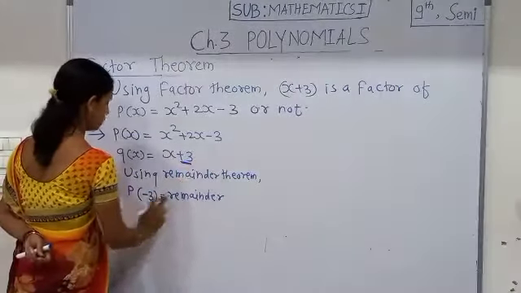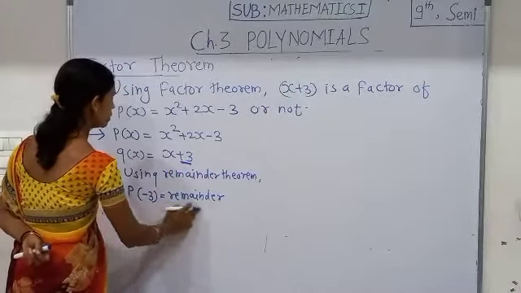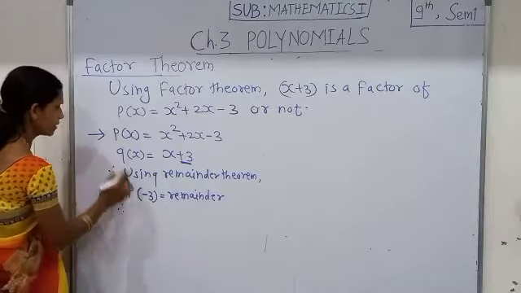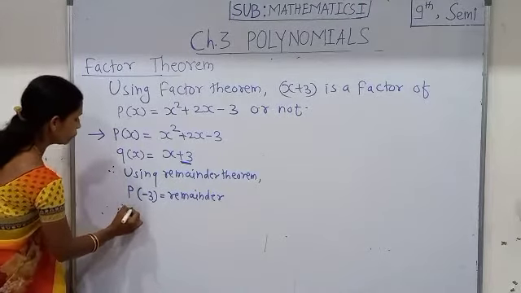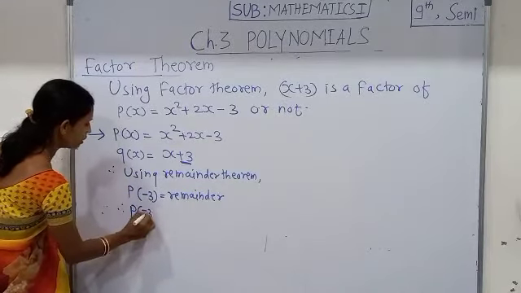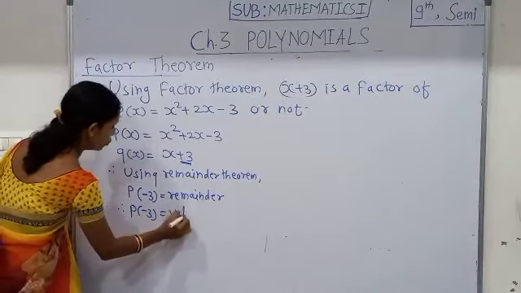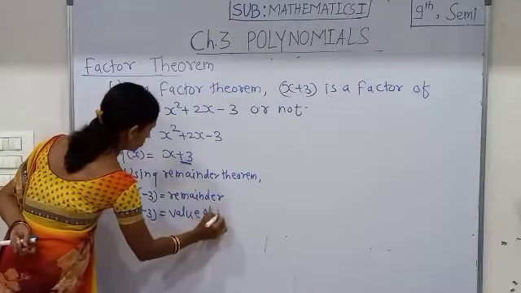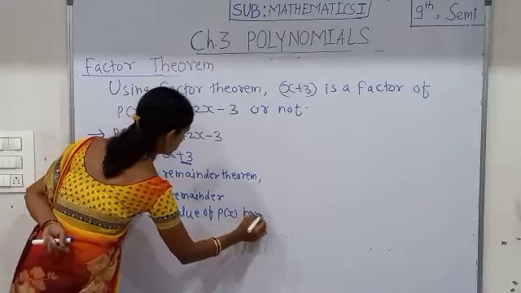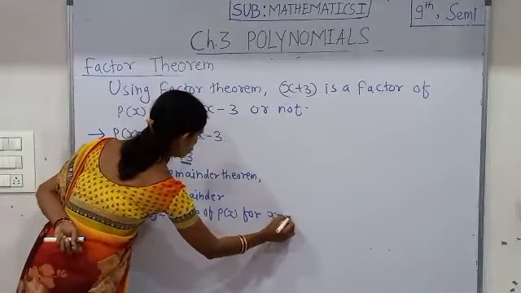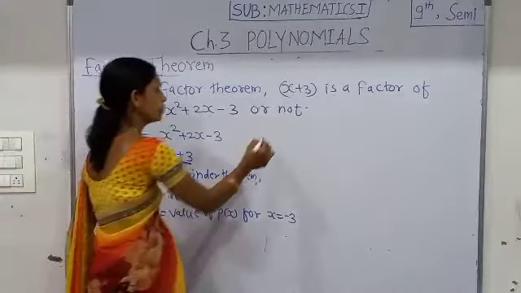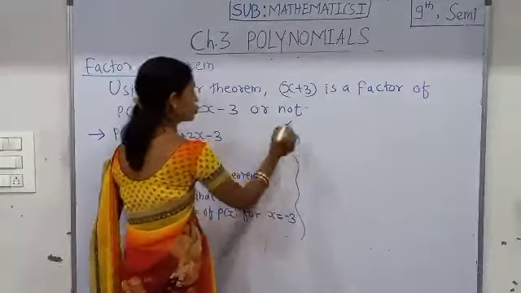Therefore, we have to find the value of p(minus 3), the value of polynomial p(x) for x equal to minus 3. That means we have to put x equal to minus 3.